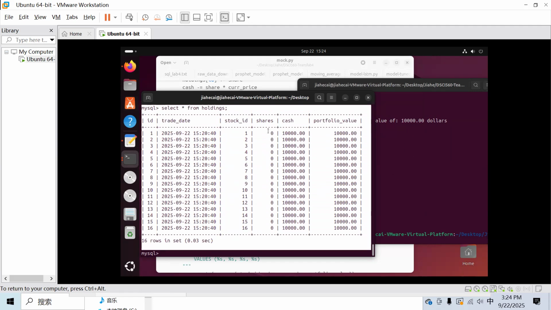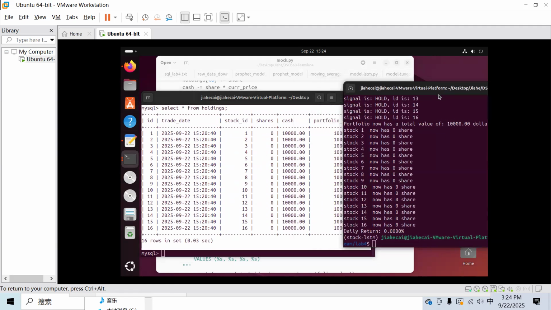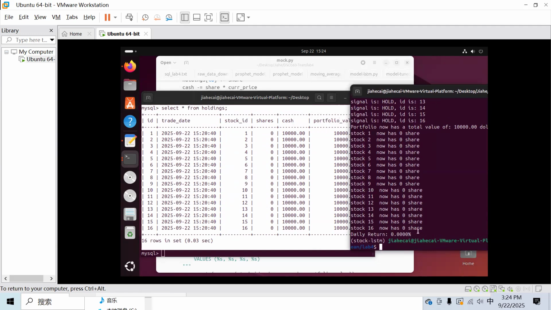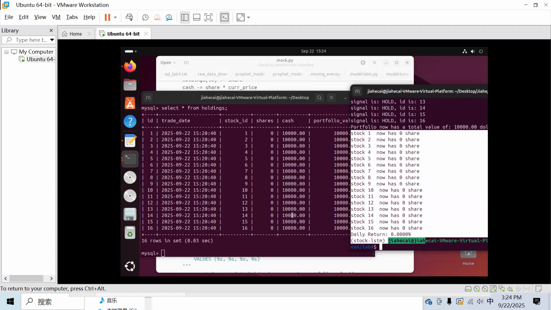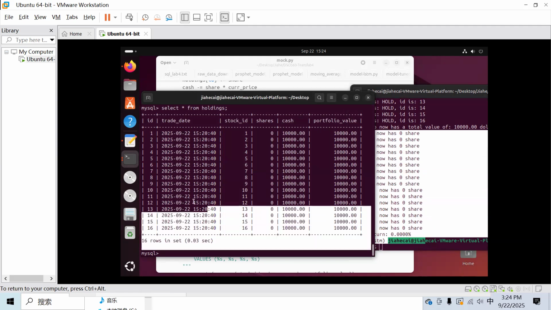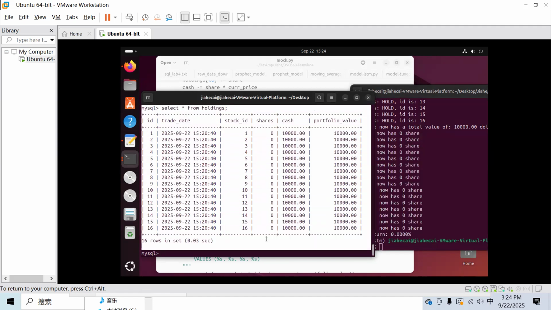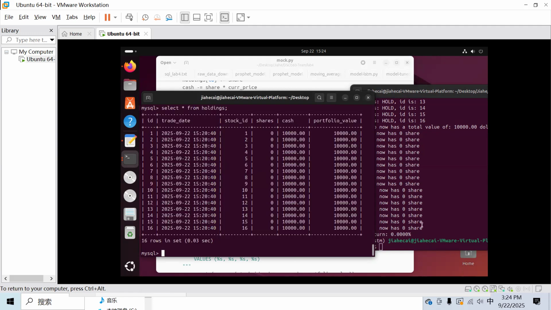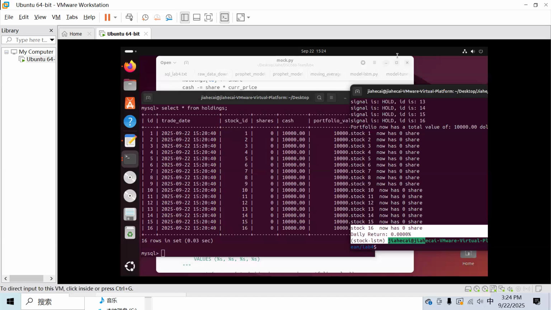So we just do nothing, and the share stays at 0. We also compute the daily return. Since we have 0 shares, the daily return is 0%.